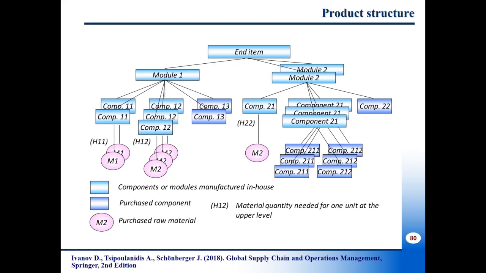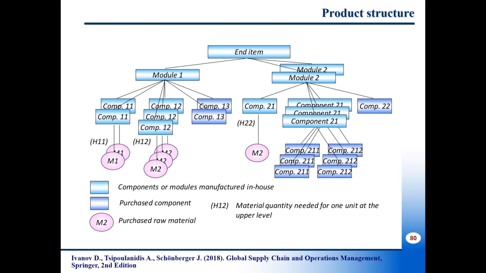Just beneath it are the sub-assemblies or major components that must be put together to make up the end item. Beneath each major component are the necessary lesser components. At each stage, moving down the tree are the components, parts, and materials needed to make one unit of the next higher item in the tree.